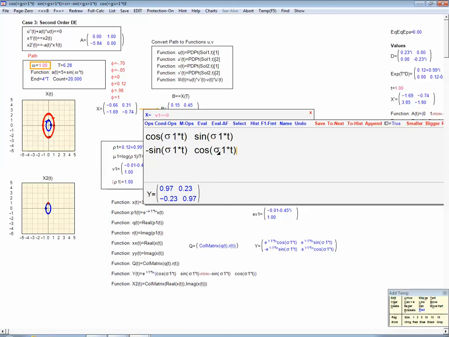So they don't have the same period, but that's not important as far as stability is concerned. Both these columns are moving around the unit circle. Well, actually, they're not moving around the unit circle. They're moving back and forth between 1 and minus 1 in a periodic way. So the result is that this thing over here never diverges to infinity or converges to 0.